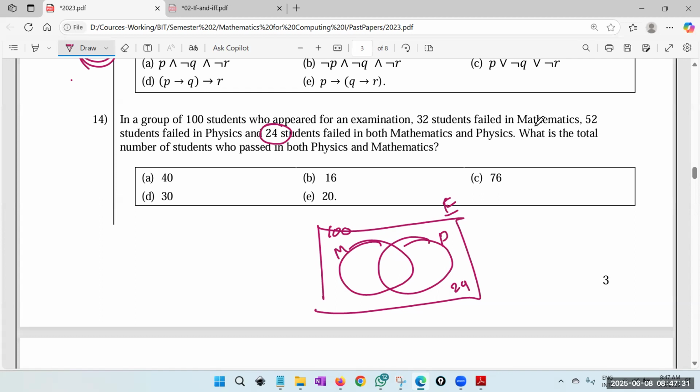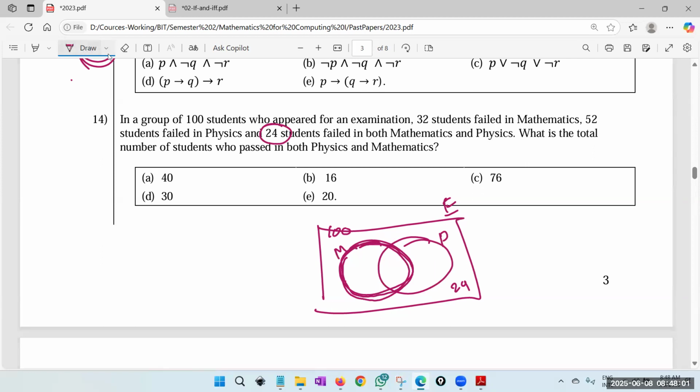Right. Now this is 32 students failed in mathematics. 32 students failed in mathematics. So outside this we have 32. Right. Now outside this means this part plus this part.